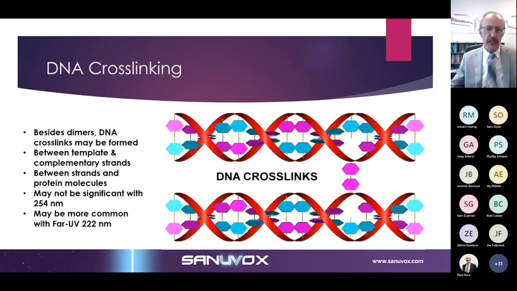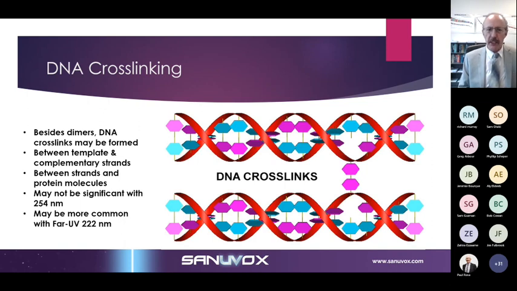Besides formation of dimers, DNA crosslinks may be formed, as well as links between DNA and proteins. Crosslinks can form between the template and the complementary strands of DNA, and they can form between either strand and protein molecules.